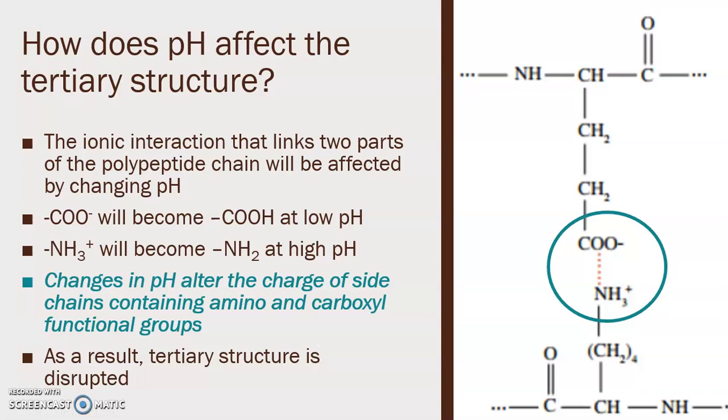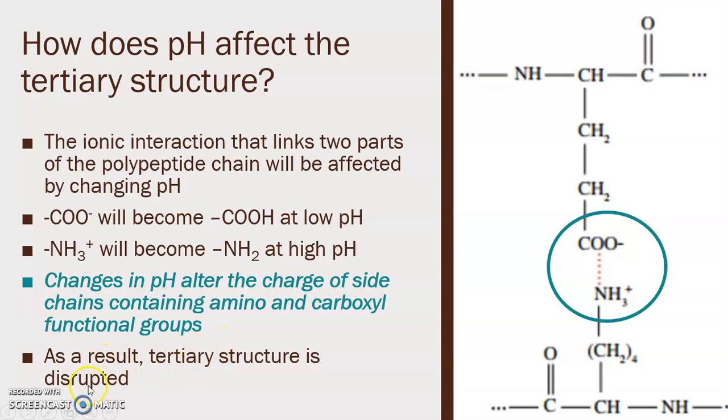But if you change the pH, then if the pH goes low, the COO loses its charge, which disrupts the ionic interaction. If the pH gets high, the NH3 loses its charge and disrupts the ionic interaction. So you can see that changes in pH alter the charge of the side chains containing the amino or carboxyl functional groups.